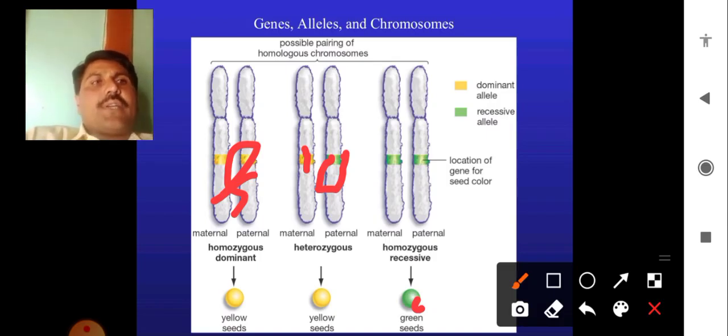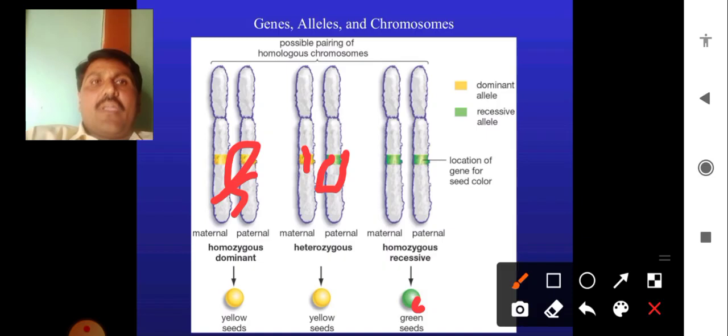So this is the location of the gene for seed color. The genes are present on the chromosomes at the same loci, on homologous chromosomes.